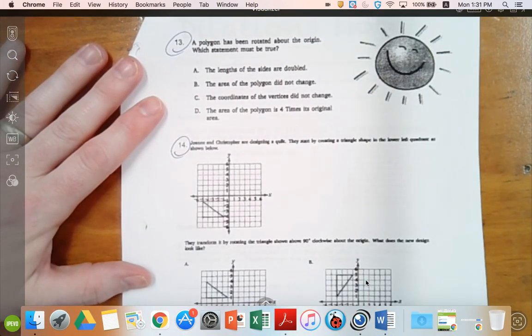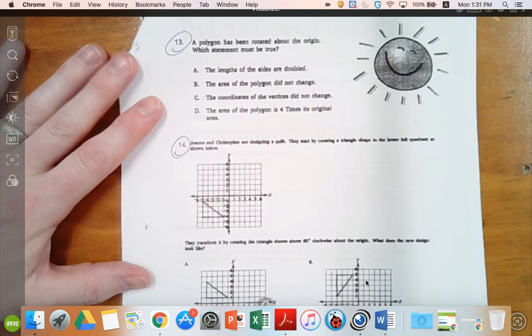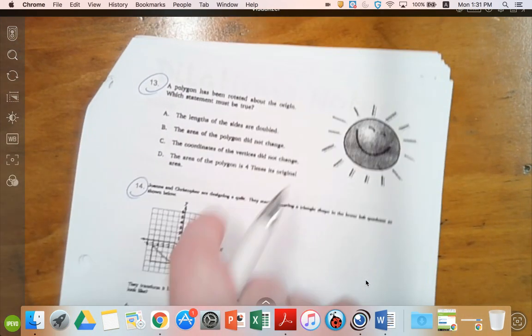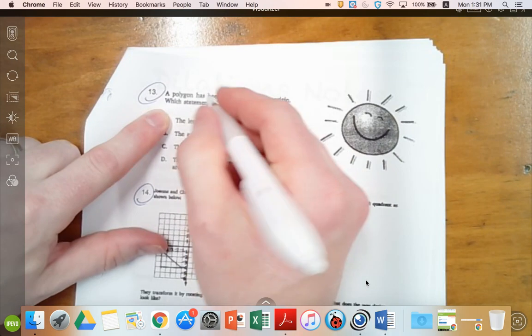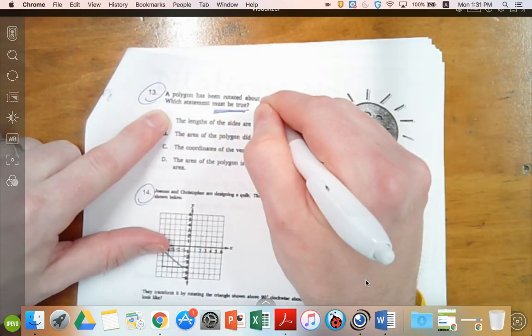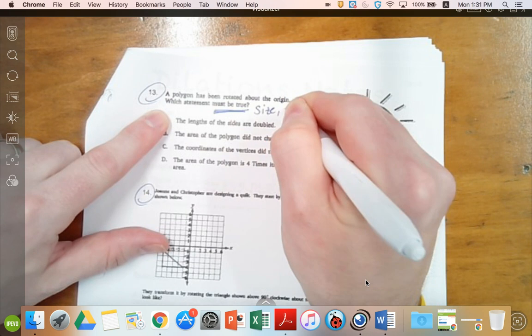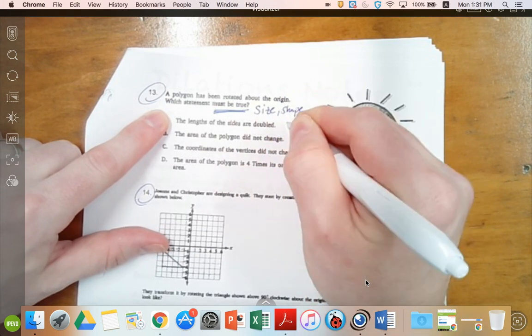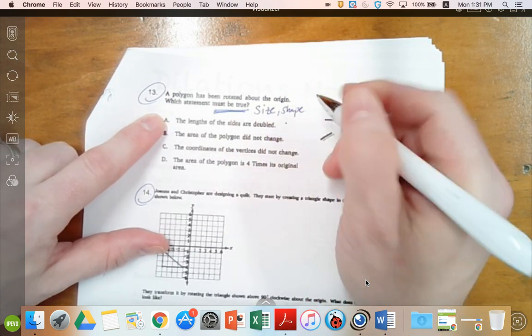Okay, then you can take a picture and upload it or whatever needs to be done there as it goes. Okay, so read through these questions. Like the first one here, which one is true? Remember, true means we keep the same size and shape. So you're going to go through here.